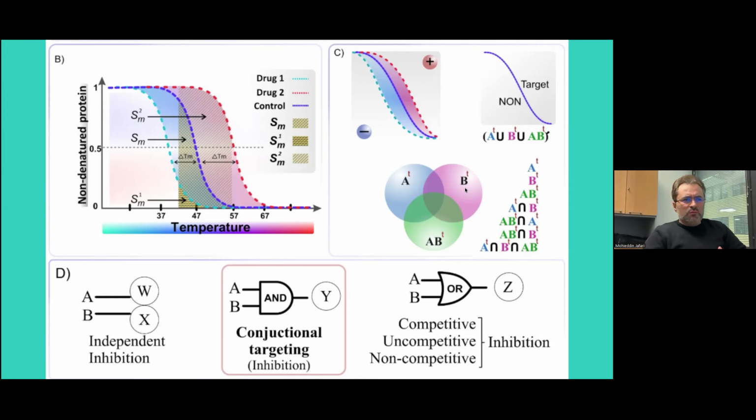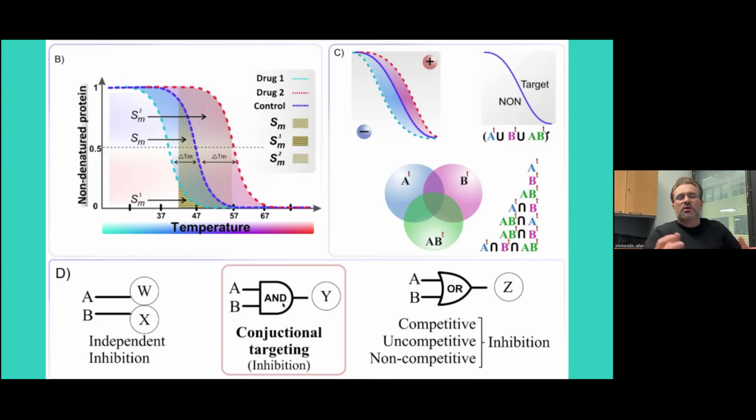We guessed that some targets might be targeted only in the case of combination, but not in the case of single drugs. If that happens, we call it conjunctional targeting. If you're familiar with logical gates, we have an AND gate and an OR gate. In the AND gate, in general Boolean rules, we need both compounds at the same time to perform a function.